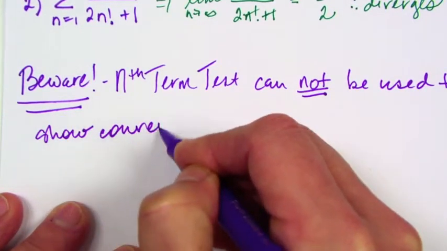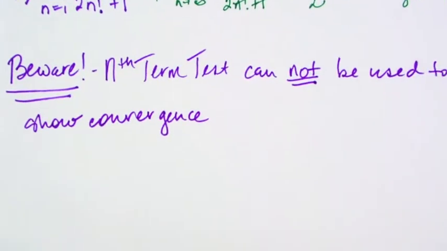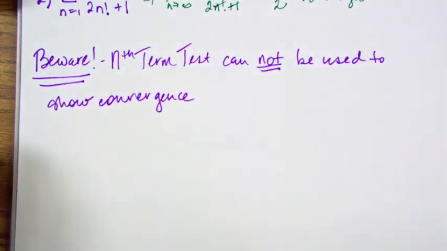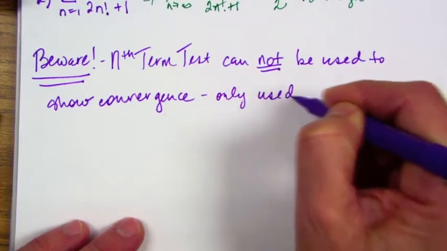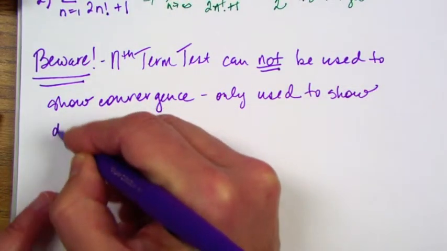Convergence. And we just talked about why, right? We put up those 2 area examples. The nth term test cannot be used to show convergence. Only used to show divergence.